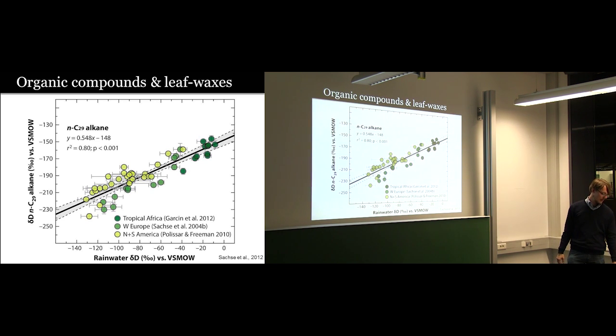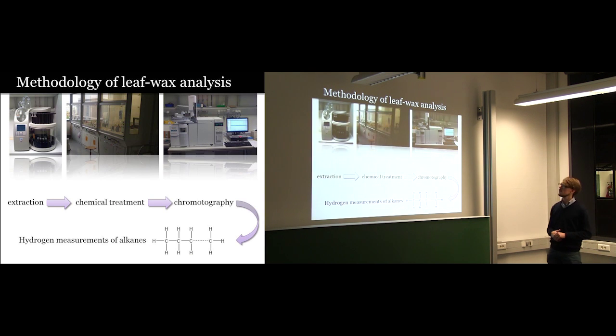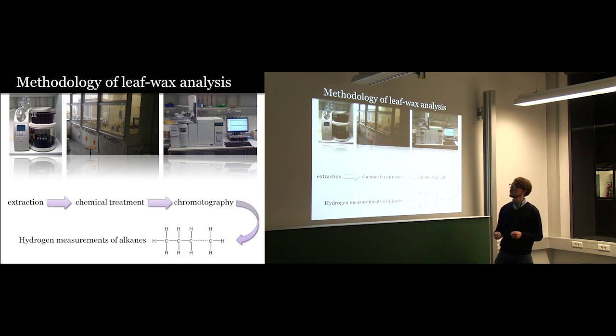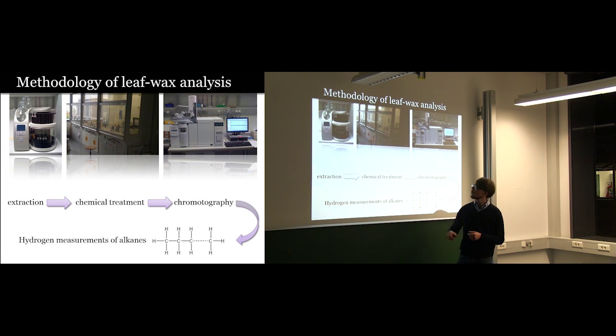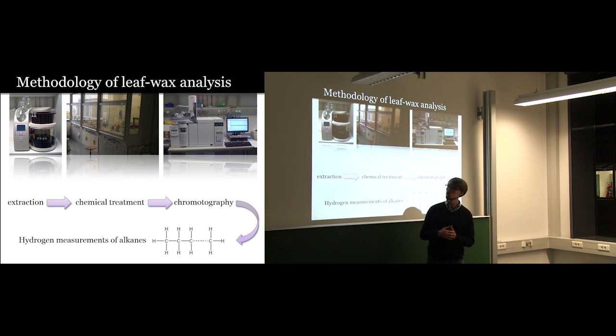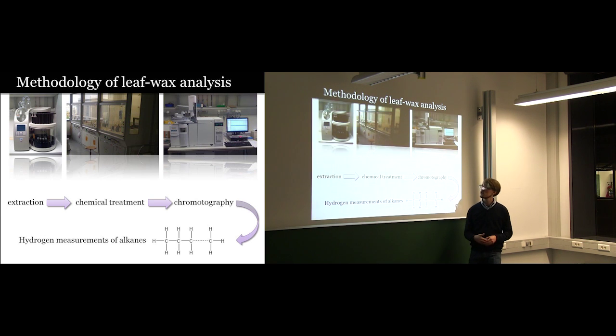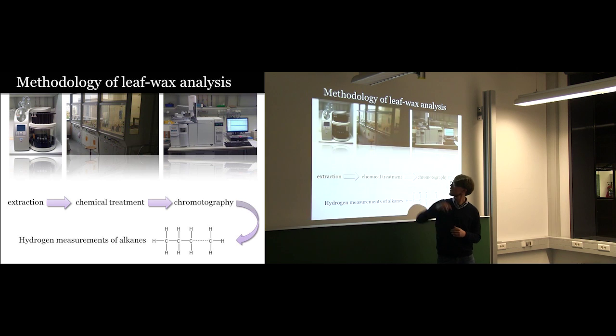So just to show you a little bit how this method works, usually you have your soil or your plant or your sediment, and if you have a sediment that's quite hard, you need to crush it first and create a powder. After that, you use an extractor, here an accelerated solvent extractor, an oven where the sample goes in, and then organic solvent is flushing through the sample, and the liquid it's flushed with is then collected in the vessel below.